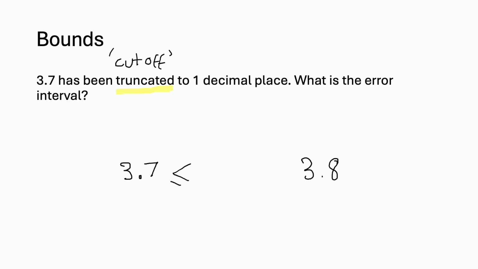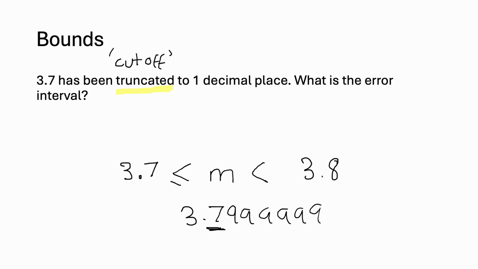So we have to write this sort of interval here. And the reason why it has to be less than 3.8 is because if we truncate 3.8 to 1 decimal place, we get 3.8. But if we have a number of 3.7999999, it doesn't matter what number is next to the 7, because we are only interested in the first decimal place, which is 7. When we truncate, we cut off, so we don't care what number is next to the 7.